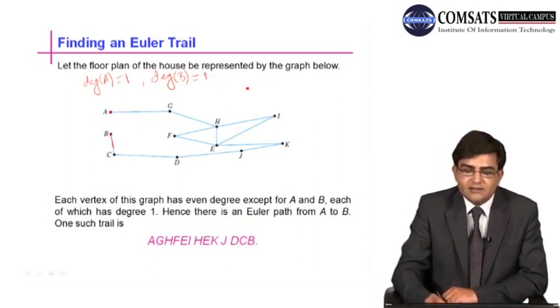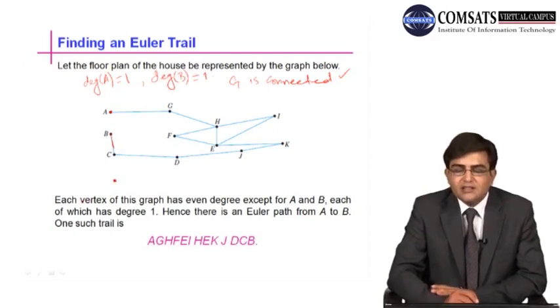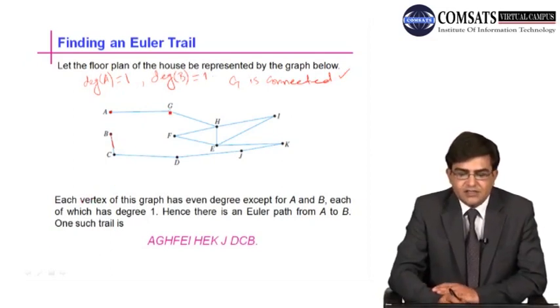Graph is connected, yes, this graph is connected, so the second condition is satisfied. All other vertices must have even degree. G has degree 2 because there are 2 edges which are incident on G. H has degree 4, I has degree 2, K has degree 2, E has degree 4, J has degree 2, D has degree 2, C has degree 2.